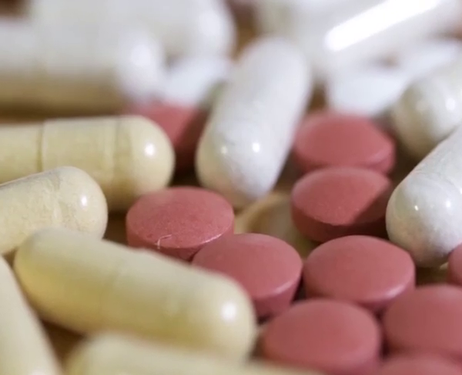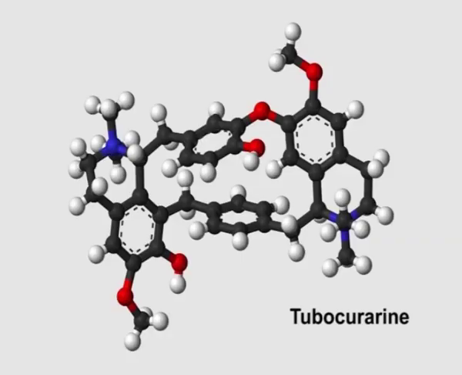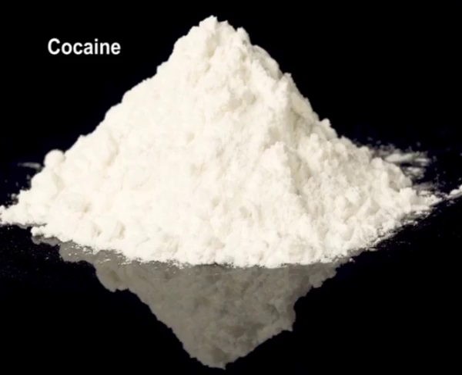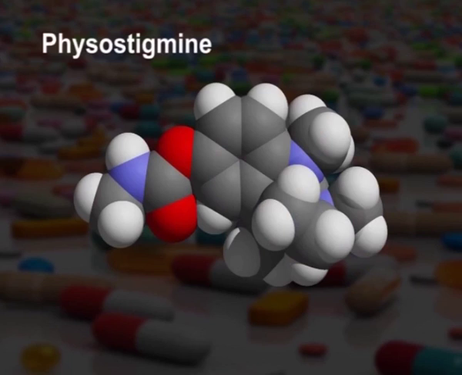Other synthetic drugs which were discovered based on bioactive natural products include the following: synthetic drugs based on tubocurarine, local anesthetics from cocaine, antimalarials from quinine, antimicrobials from penicillin and tetracycline, and anticholinesterases from physostigmine.